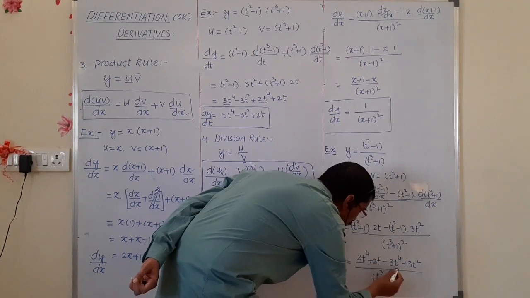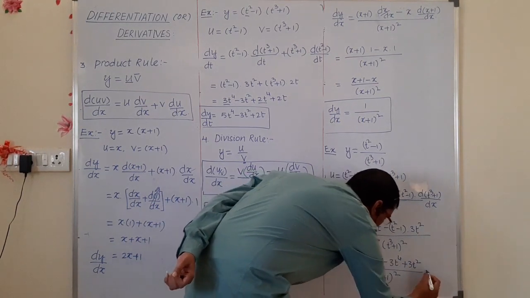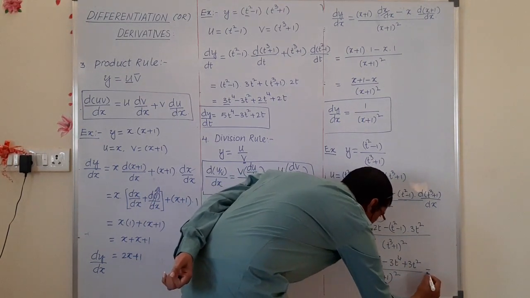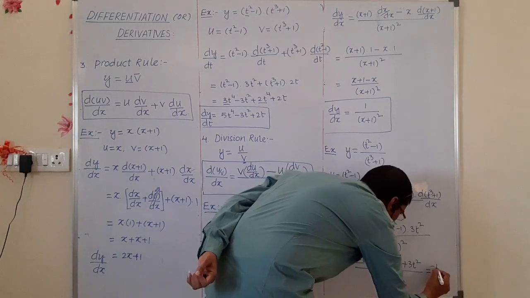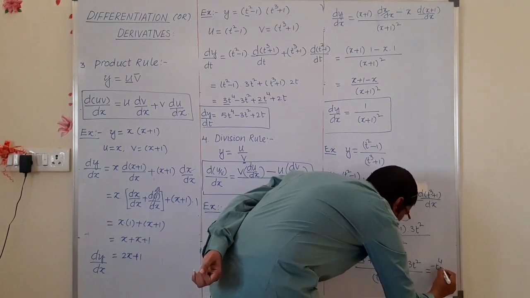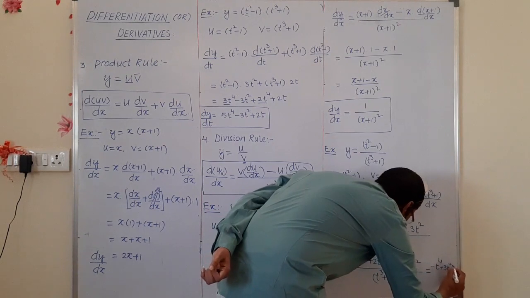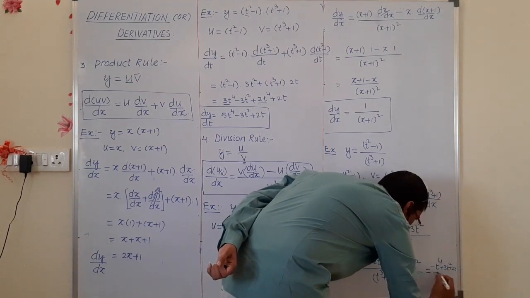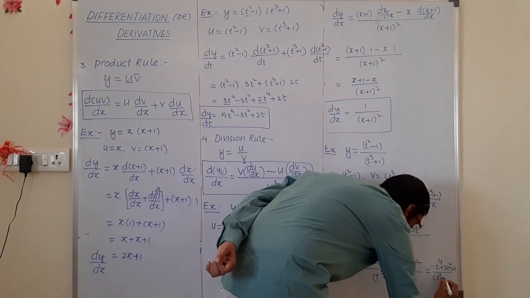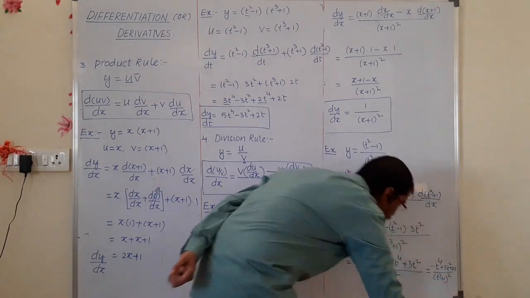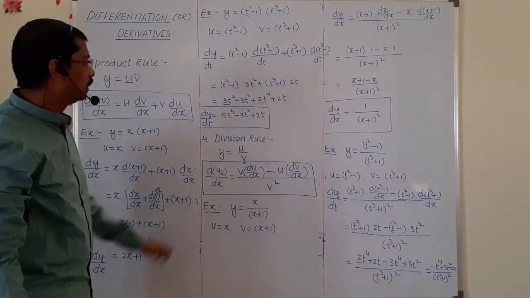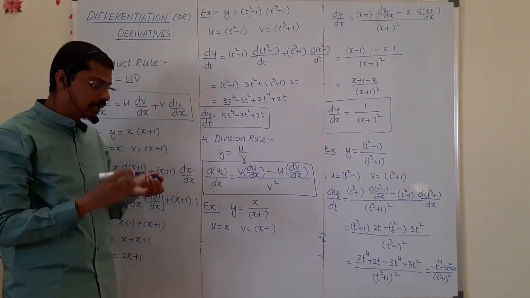Here 2 minus 3 gives minus, so we can write: minus t to the power of 4 plus 3t square plus 2t upon (t cube plus 1) square. This is the way to solve it using the division rule.